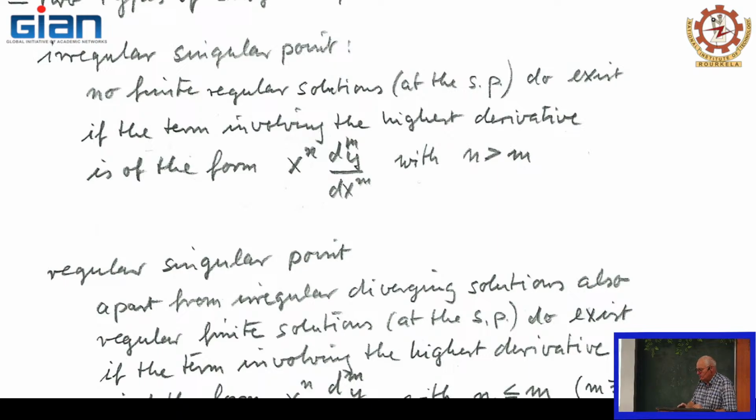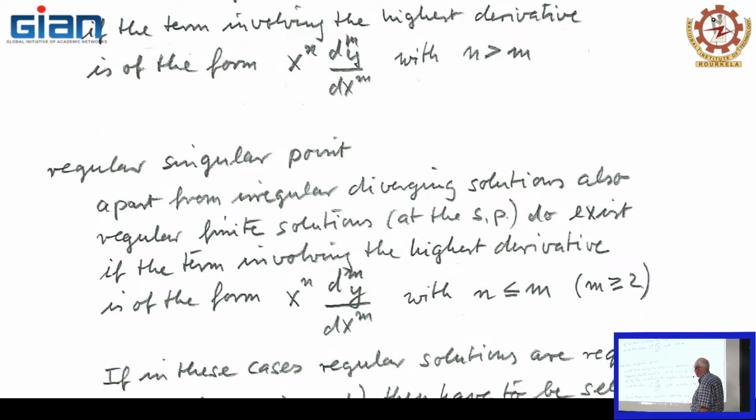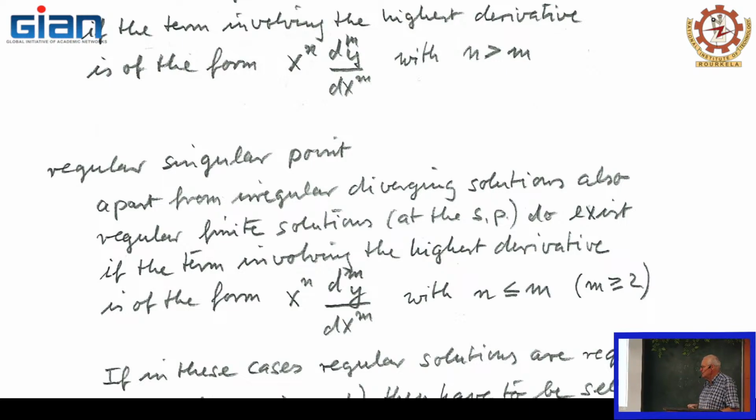So let's consider now an example. These regular singular points are those where x^n times d^m y by dx^m has n smaller than m. Of course, m has to be bigger than 2. We have to consider equations with an order m bigger than 2. Okay.